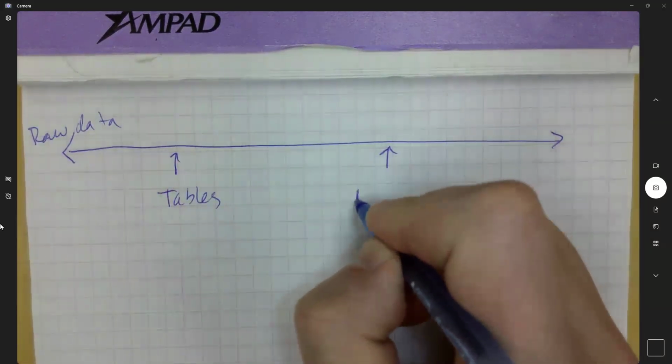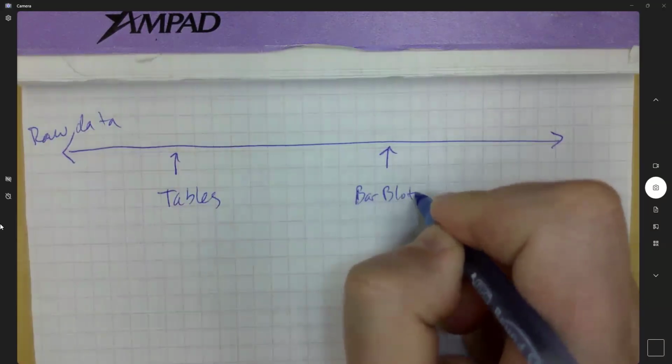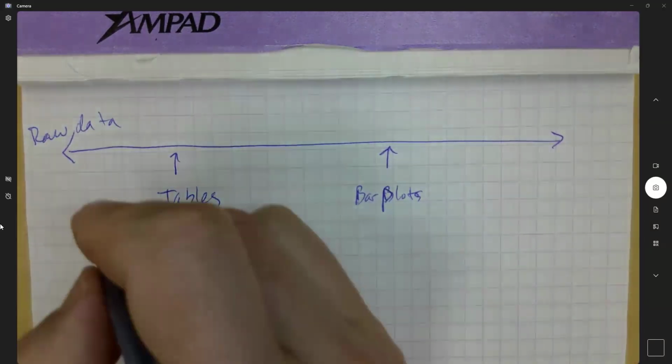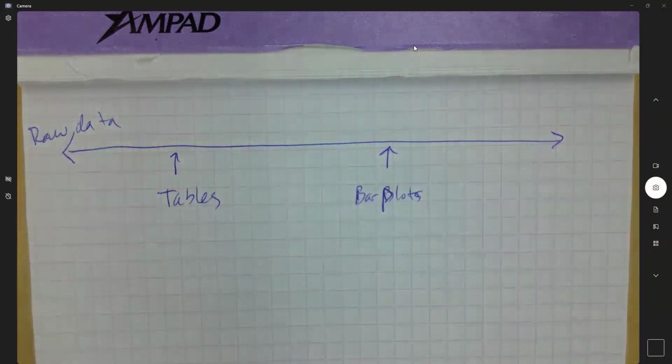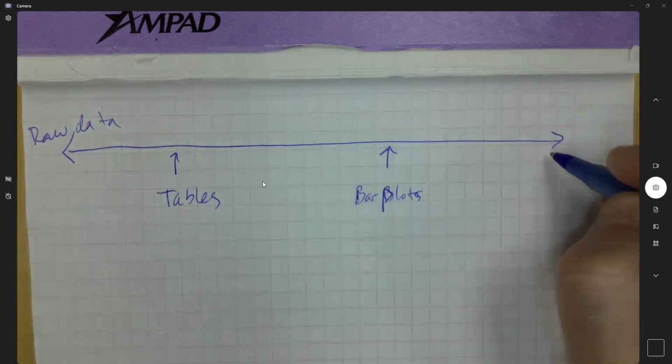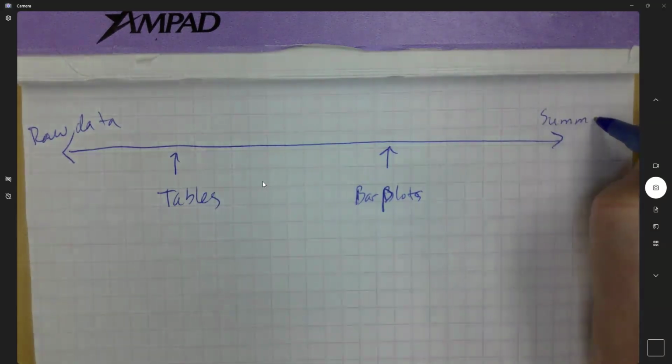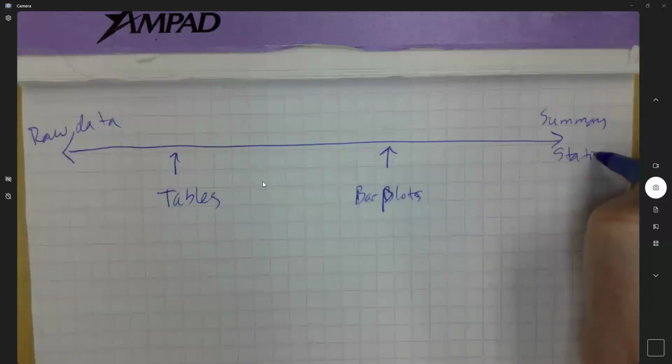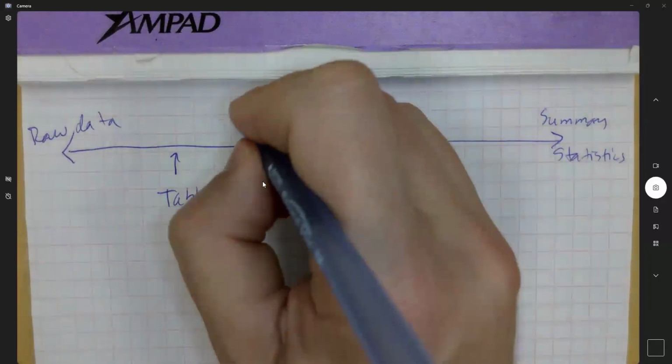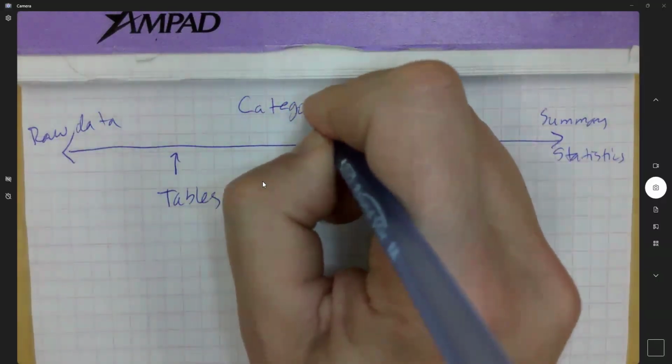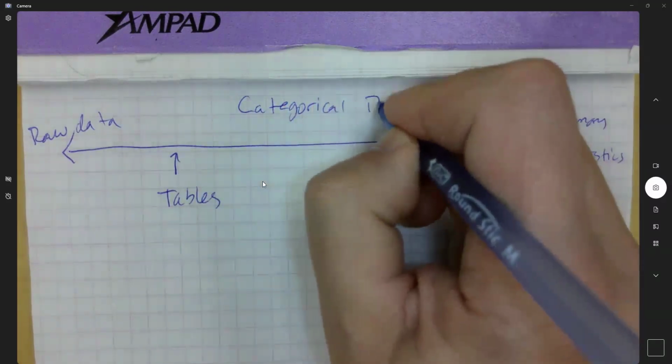Here's our bar plots. Oh, good, I am recording. And here's our summary statistics for categorical or qualitative data.